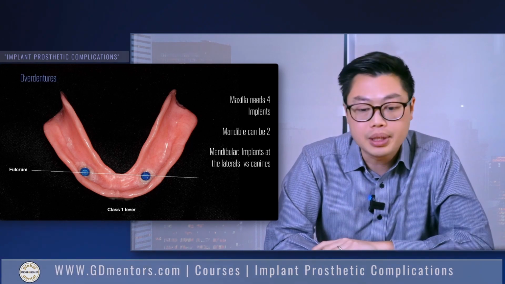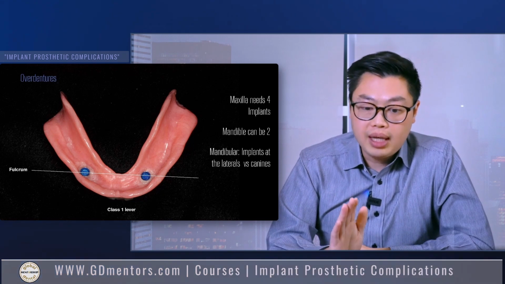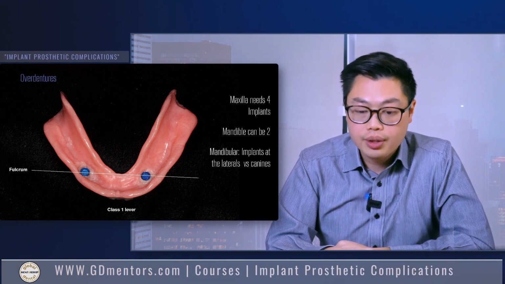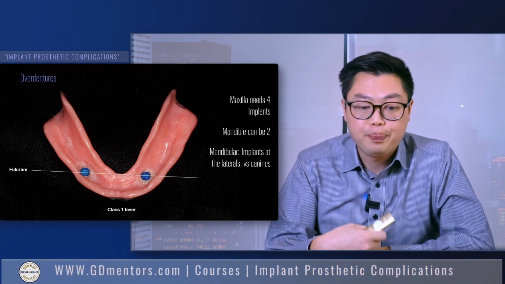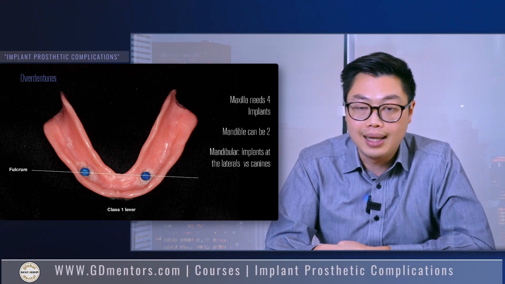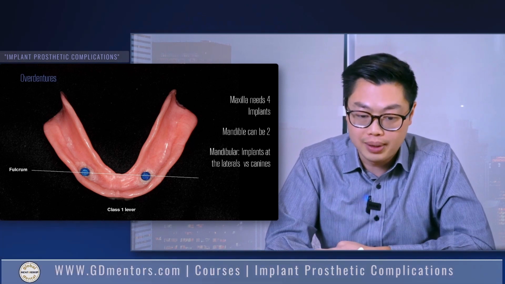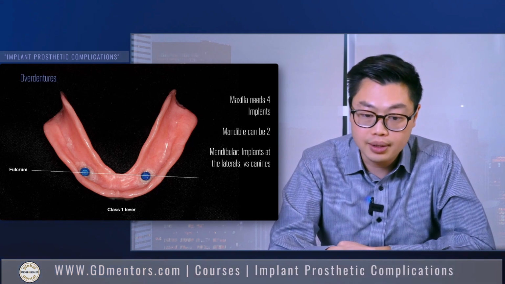So sometimes that happens. For the positioning of the implant, if we're doing overdentures, most people would put them at the canine position. I would argue the ideal position is actually the lateral position on the mandible. There are several reasons.